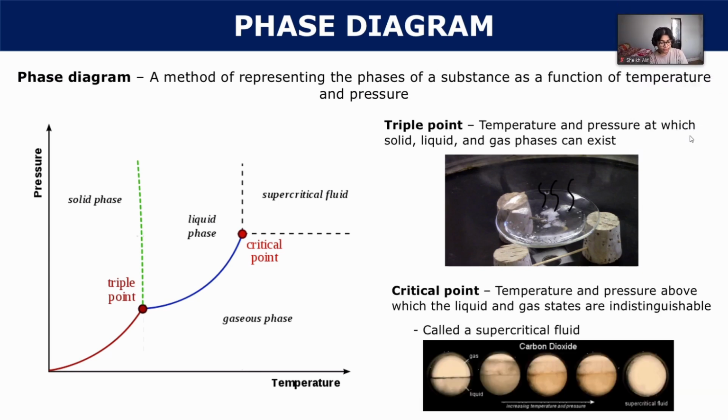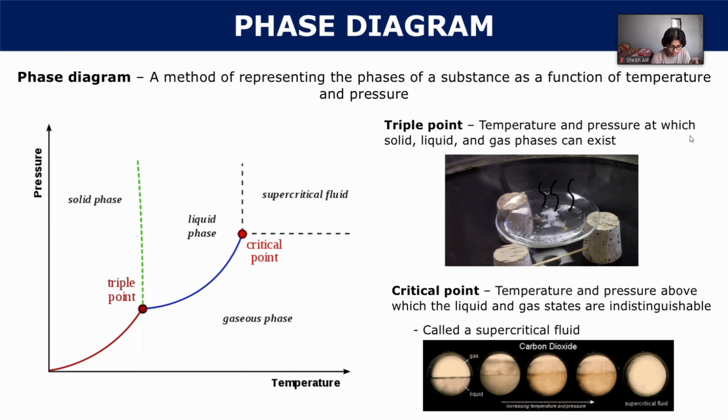And then you have the critical point. The critical point is the temperature and pressure above which the liquid and gas state are indistinguishable. So there's not very many pictures of supercritical fluids. Supercritical fluids are what you call the substances that are at the temperature and pressure above which the liquid and gas states are indistinguishable, right?